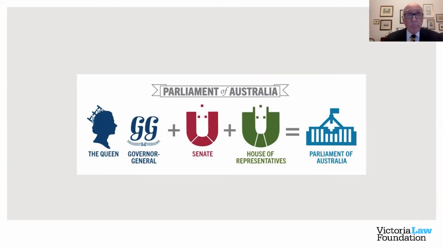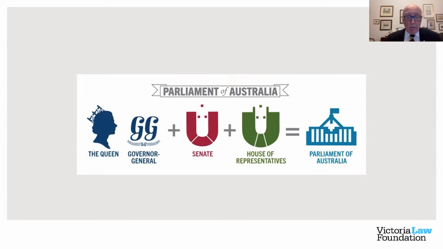So we have the Queen, whose powers are exercised by the Governor-General. We have the Senate, which is the upper house of the Parliament. And we have the House of Representatives. And collectively, they make up the Parliament of Australia. If we go backwards along that line from the House of Representatives, most laws start in the House of Reps, then proceed to the Senate, and then proceed to the Governor-General, where they receive royal assent. That is the Crown's assent to the law, and at that point, the law becomes a law.